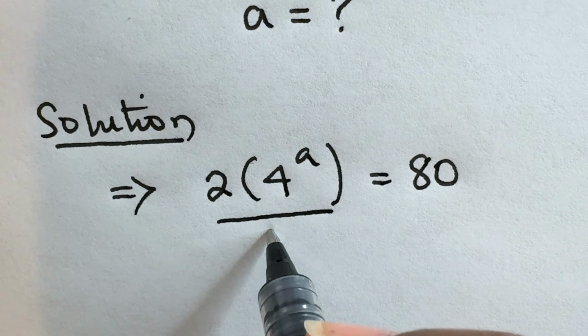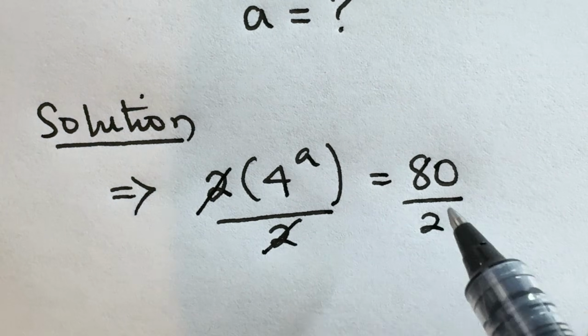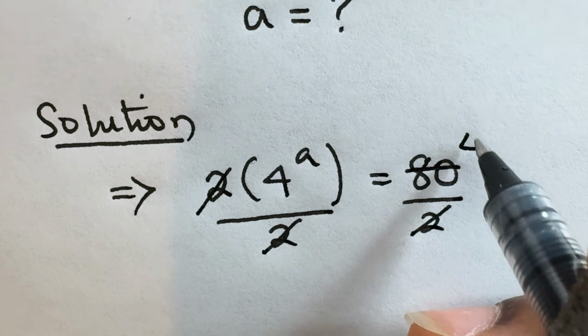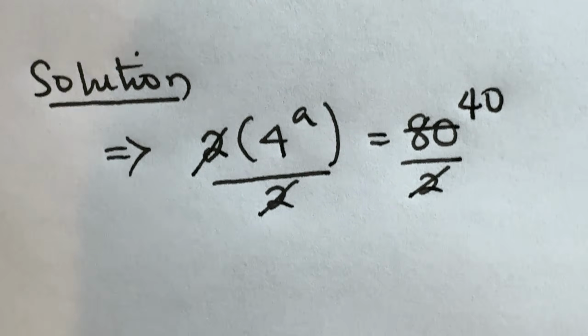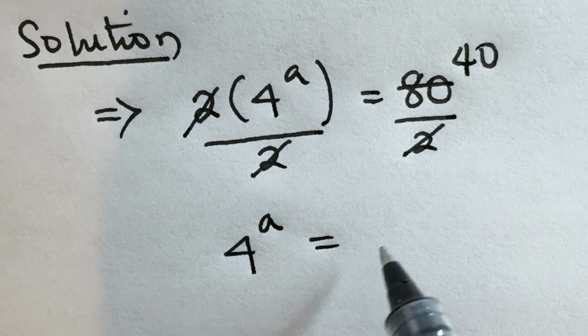Divide both sides by 2. So this 2 cancels this, and then you have 40 on the right. Therefore, we now have 4 raised to power a is equal to 40.